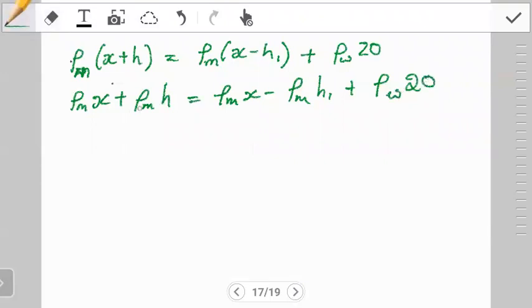From here, when you group the like terms, this term and this term are going to subtract. I can move this term to the left-hand side of the equal sign, and it becomes negative, so this and this quickly cancel out.